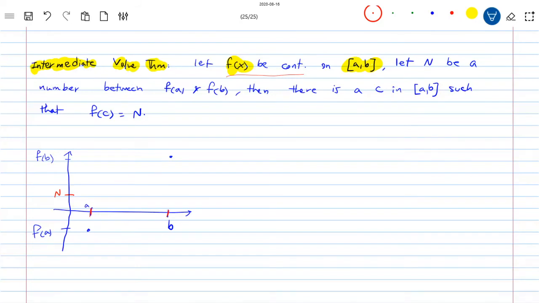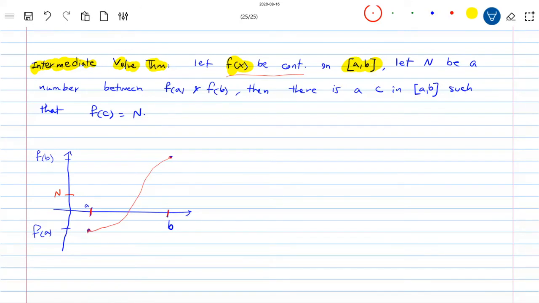Let's say f of a is here, f of b is there. Somehow these 2 points must be connected to each other since the function is continuous. And you cannot do something like this, otherwise this would not be a function. What you can do is say, okay, maybe it behaves somehow like this. It doesn't really matter how you draw it, as long as you connect these 2 points.